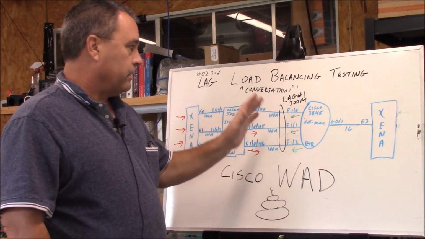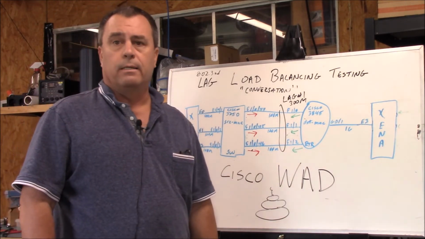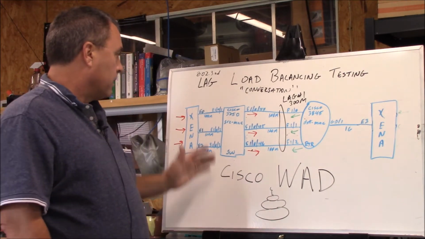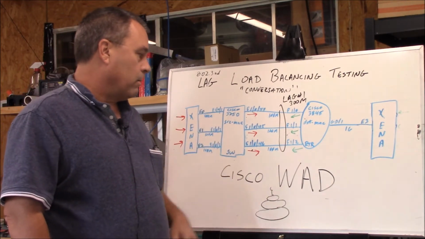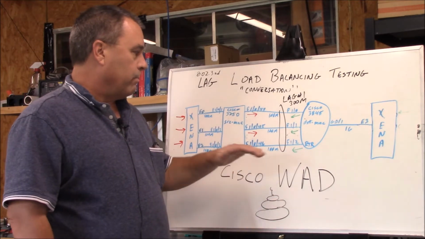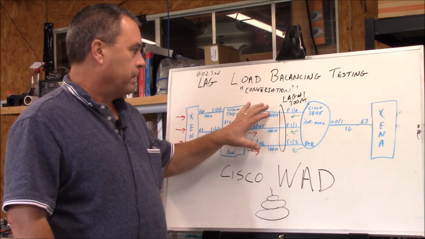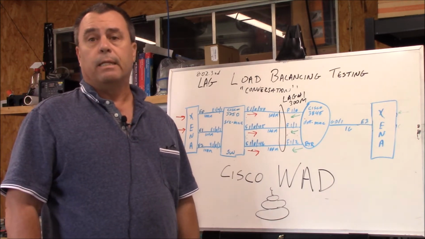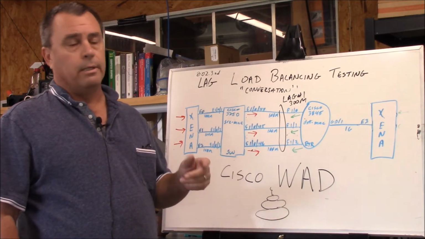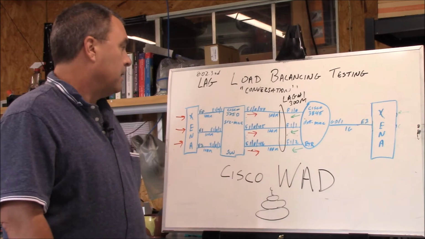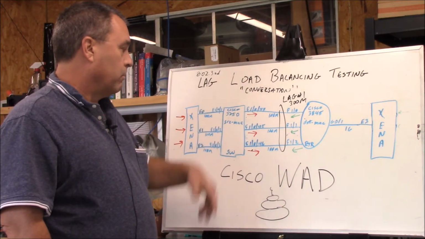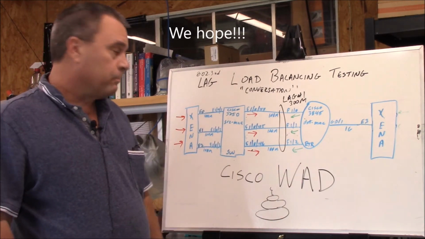So they give you these little goofy workarounds to try to make it work. One of the engineering notes you'll see is to only build lags with an even number of links. They either have 2 links, 4 links, 6 links, that sort of thing, right? And then it'll load balance properly.